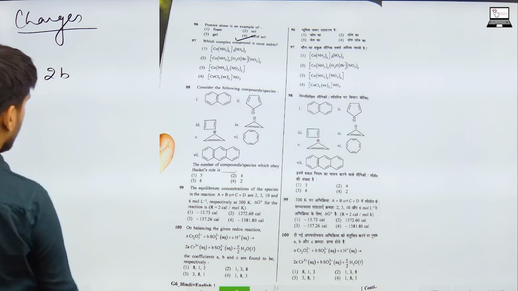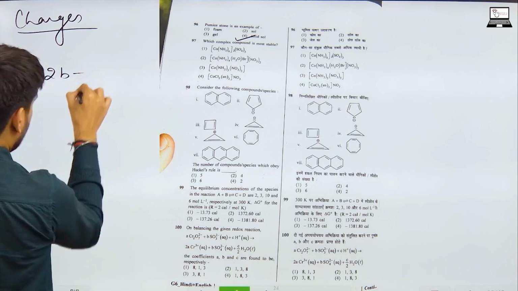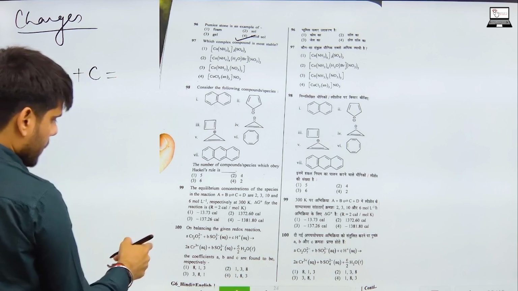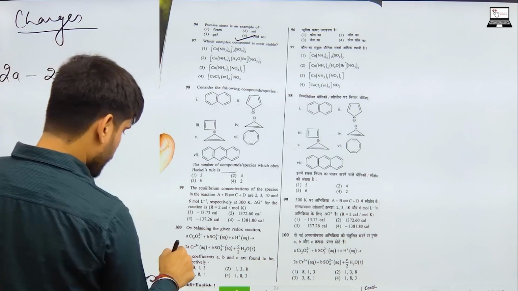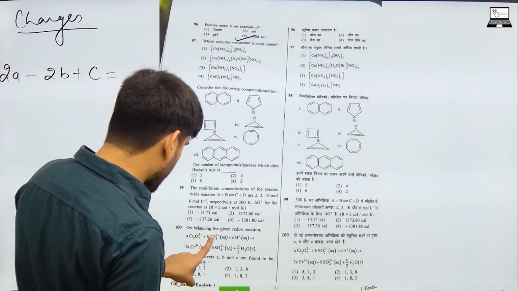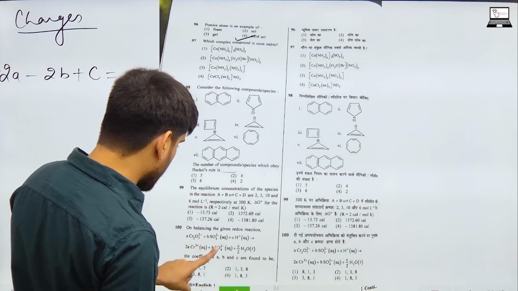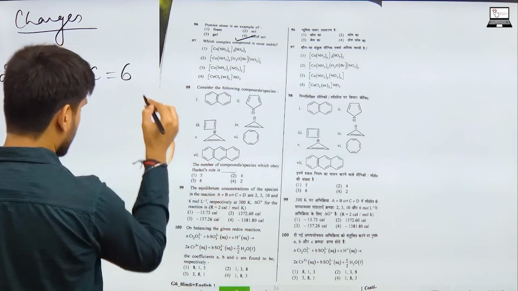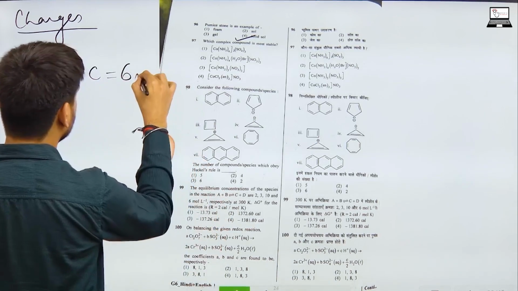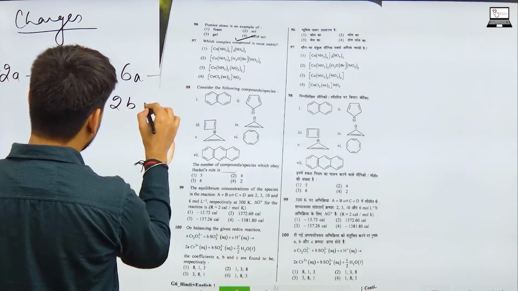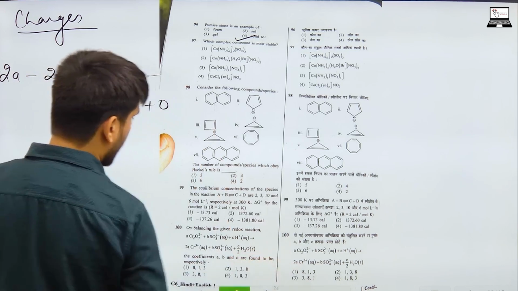So minus 2a minus 2b plus c is equal to 6a minus 2b plus 0, because water has no charge.